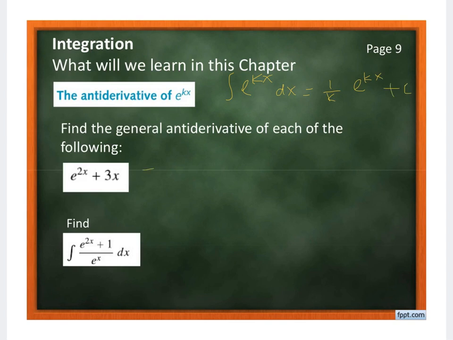For this one the k is 2, so 1 over 2 e to the 2x, plus we have solution 3. Remember the formula on page 2, so the answer is 1/2 e to the 2x plus 3 over 2 x squared plus c.